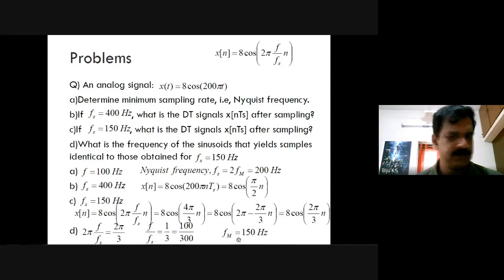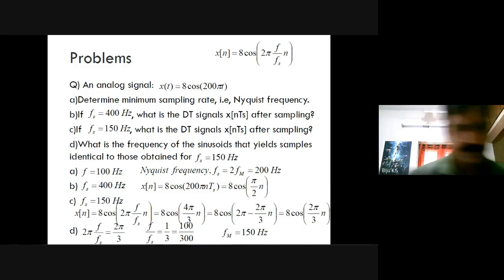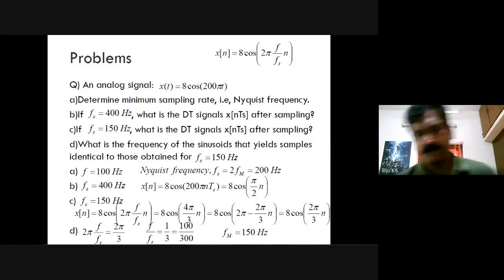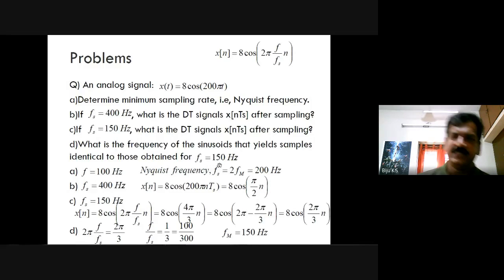So the maximum frequency that is possible is up to 150. Today we took undersampling and oversampling, and what happens at the maximum if fs is equal to 150.